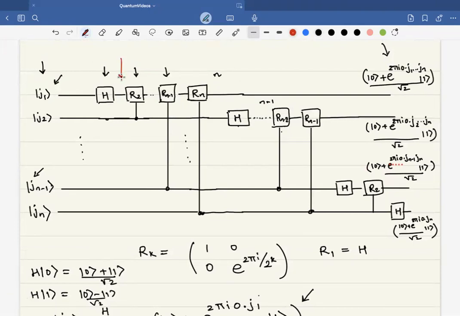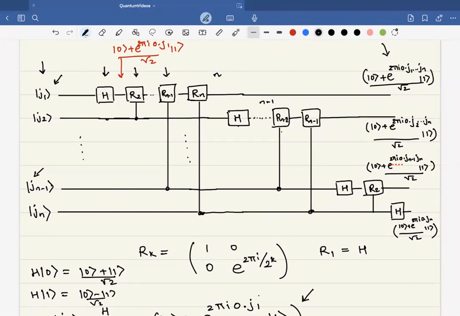We are right here, and this will be ket 0 plus e to the 2 pi I 0.j1 ket 1 over square root of 2. Now what happens is that we apply a control R2 gate, and the control is by the J2 qubit, right? The qubit which has value J2 on the second wire, right?